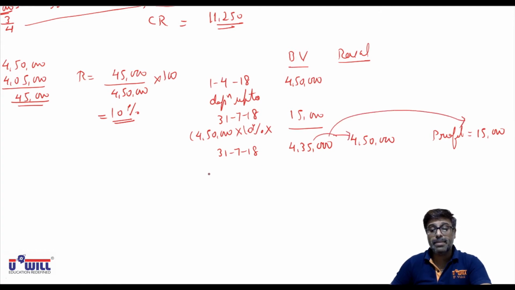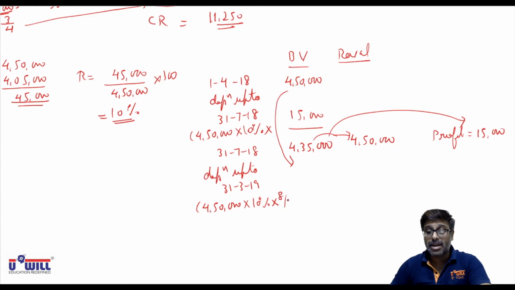Now we'll provide the depreciation up to 31st March 2019. Here we will calculate on 4,50,000 only. So 4,50,000 into 10% into the remaining 8 months, 8 by 12. Here we had done 4 by 12, now 8 by 12. The remaining depreciation would be 30,000.